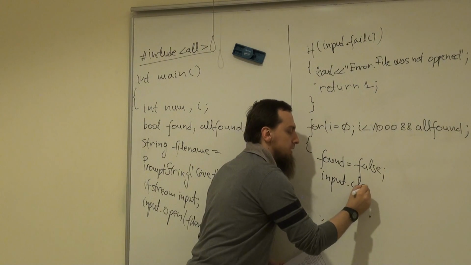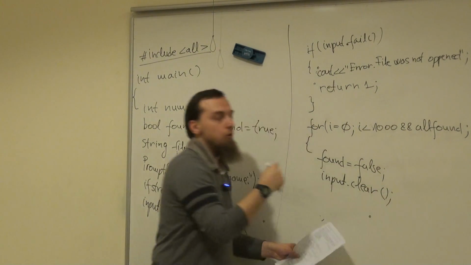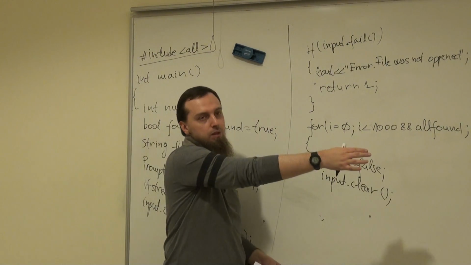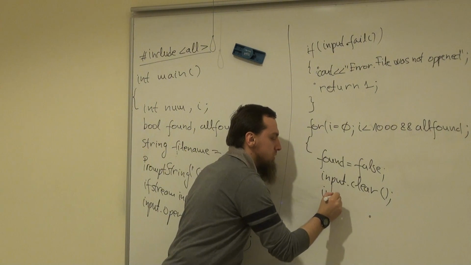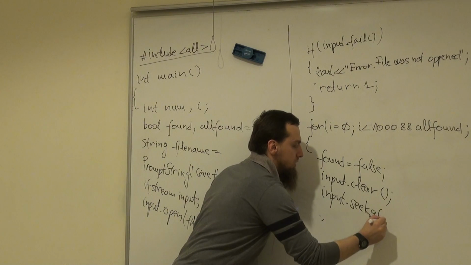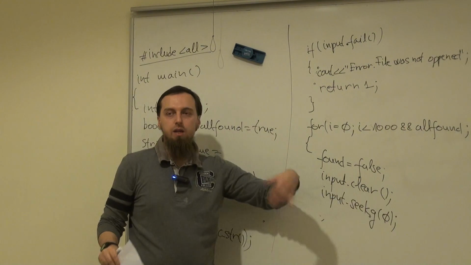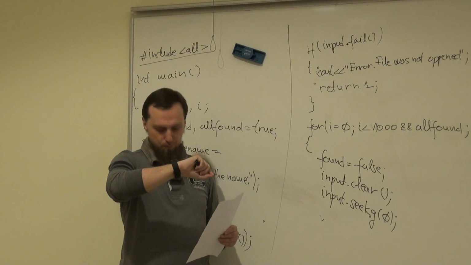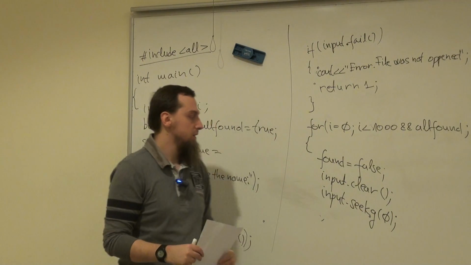Because I might have mistakes from previous iterations. And I'm going to the beginning, seekg, because I might be in the middle, at the end, or whatever. That's why I say input.seekg(0). This input.clear enables me to use the input file stream operator. This seekg(0) enables me to go to the beginning.